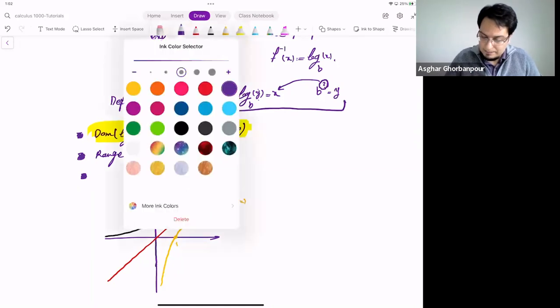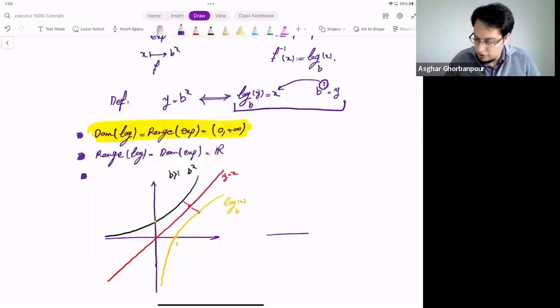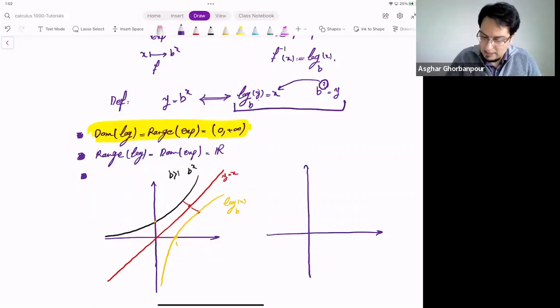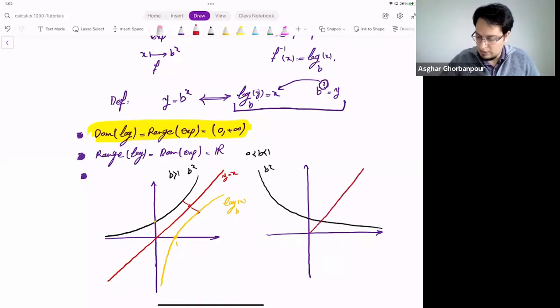What about the other base, when b is less than 1 and bigger than 0? Well, we know that the graph of these guys is of this form. So b is between 0 and 1. So this is b to the power x. Y equal to x is going like that. Sorry about that.